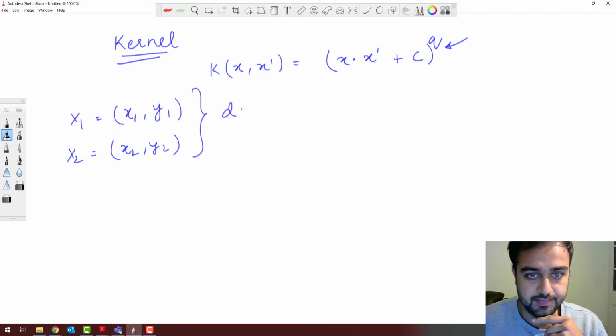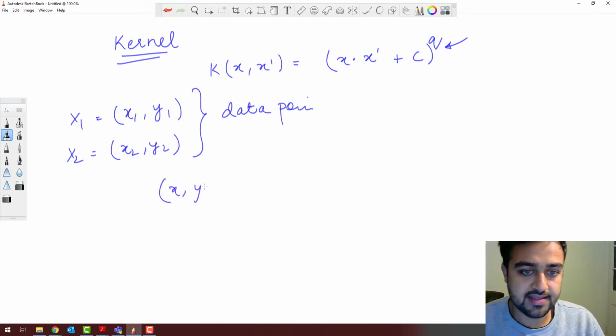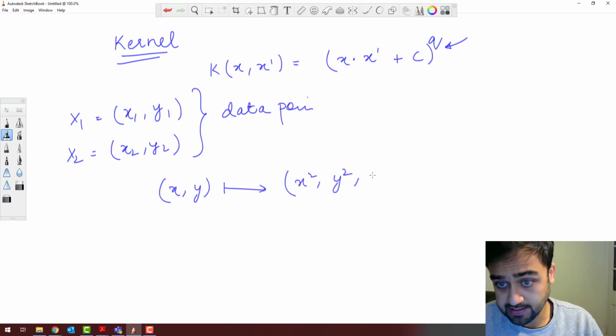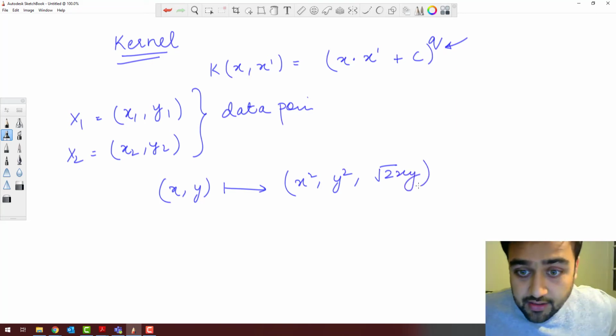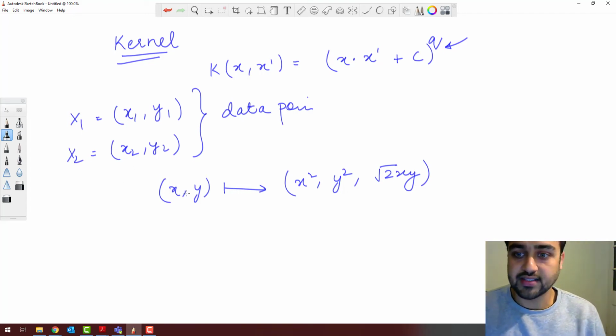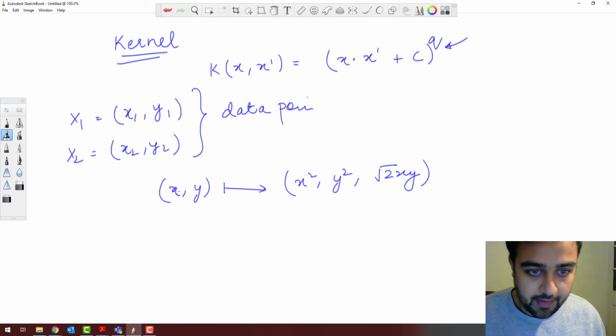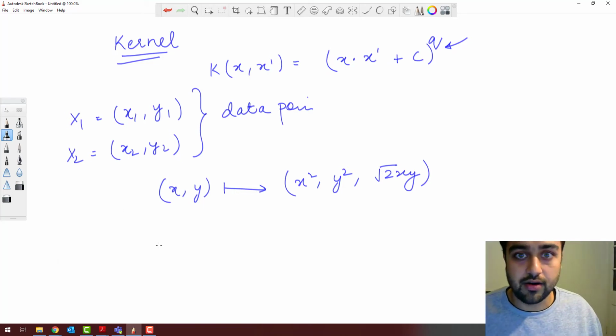These are two data points. Now consider a non-linear mapping such that x and y are projected to x square comma y square comma root 2 xy. So we would need to check whether it's a valid kernel or not.